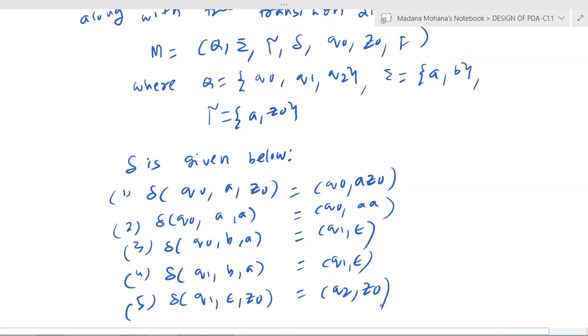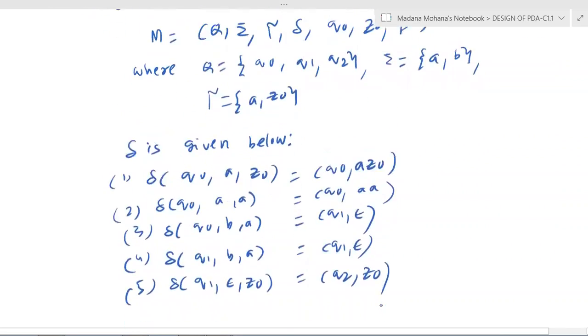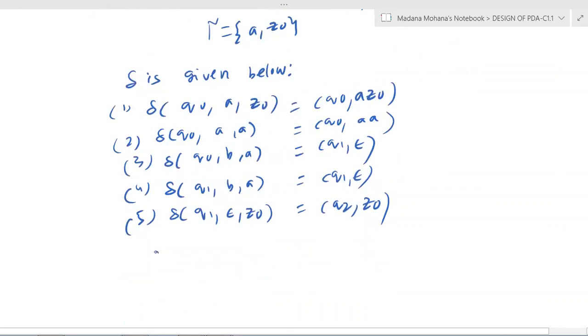These are all the transitions. Here you can see Q0 belongs to Q, and is the start or initial state of the PDA.